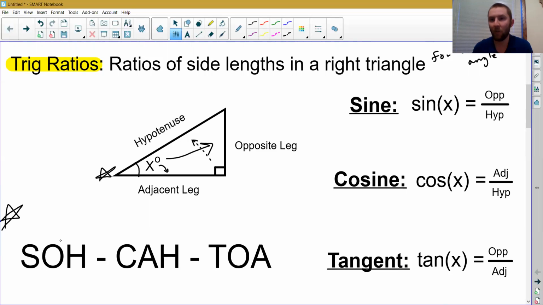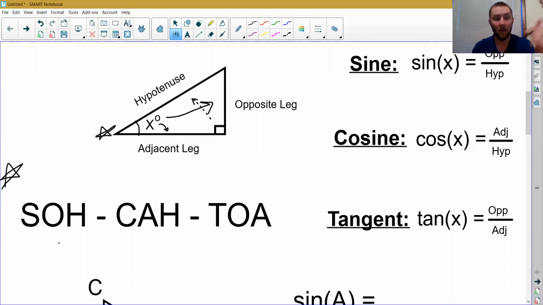SOH, the first three letters of my acronym, stand for the sine ratio or the sine fraction, okay? And they tell me that the sine is equal to the opposite over the hypotenuse. The second three letters stand for cosine, adjacent, and hypotenuse.